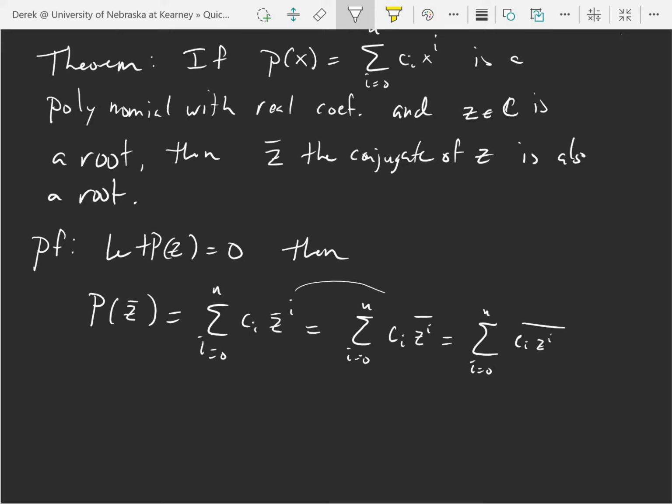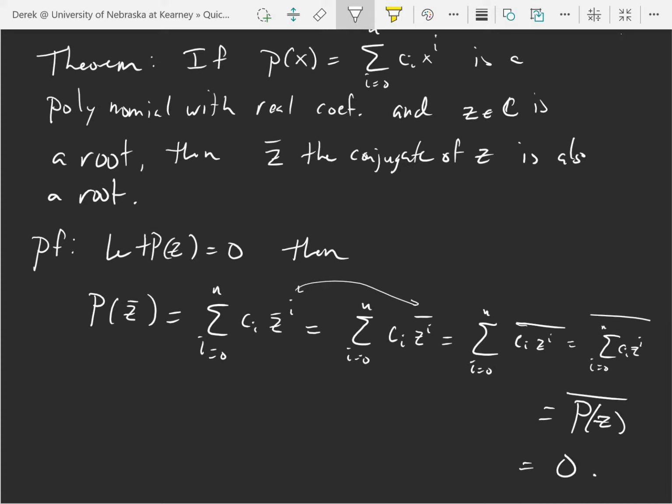These two equalities come just from how conjugates work, and in this one I put the bar over all of the c sub i because the c sub i are real, and the conjugate of a real number is itself. And this is equal to the bar of the sum from i equals 0 to n of c sub i z to the i, which is equal to the bar of p of z, which is equal to 0.